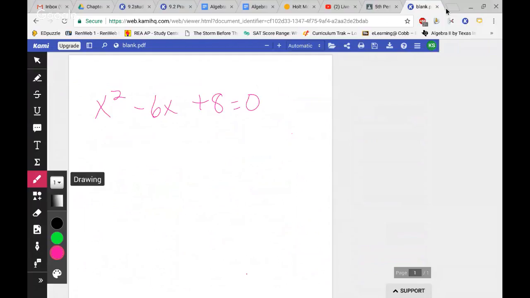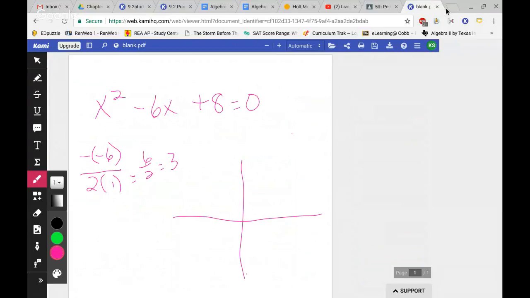No. Okay. That's really the easiest way to do these, but let's do this. I couldn't remember because I had several videos lined out for today, and one of them they did talk about it and one of them they didn't. But anyway, the vertex for this is the opposite of -6 over 2 times 1, which is going to give us 6 over 2, which is 3.